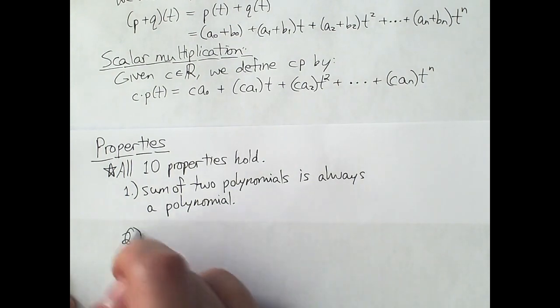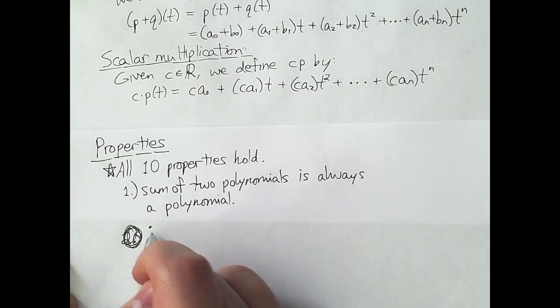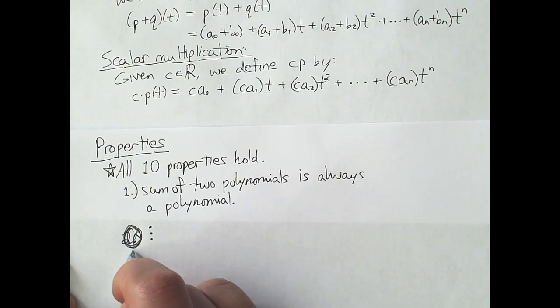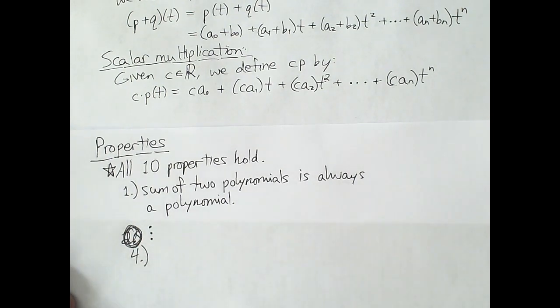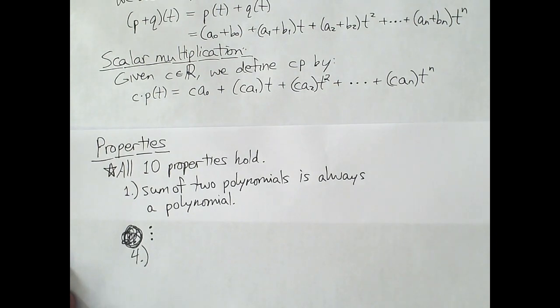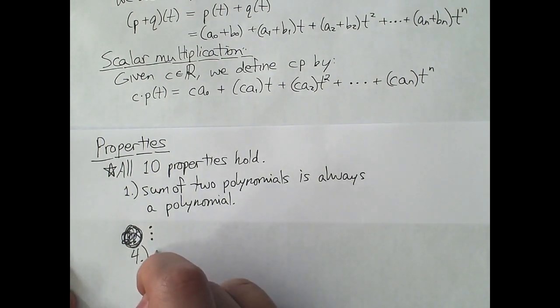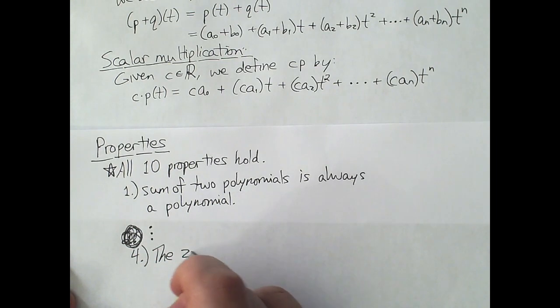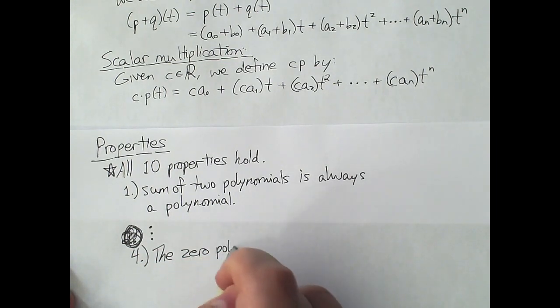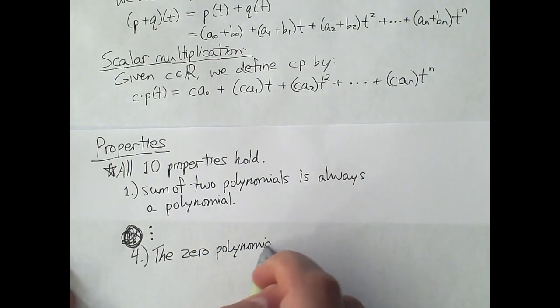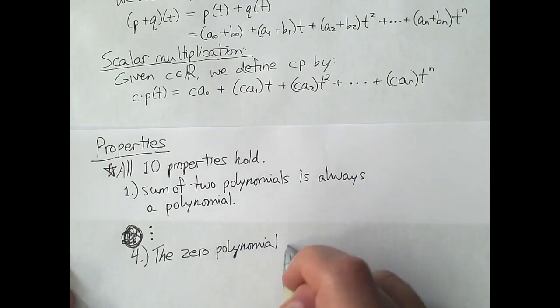Oh, you know what? I said I wasn't going to go through all of them, but I wanted to talk about number 4. Okay, we're skipping some of them. But number 4, does there exist a zero vector in this space? This actually does warrant some discussion. So the zero polynomial, p of t equals 0.